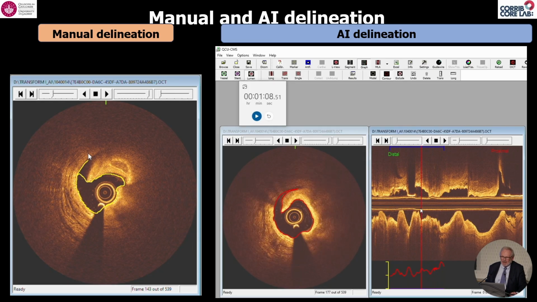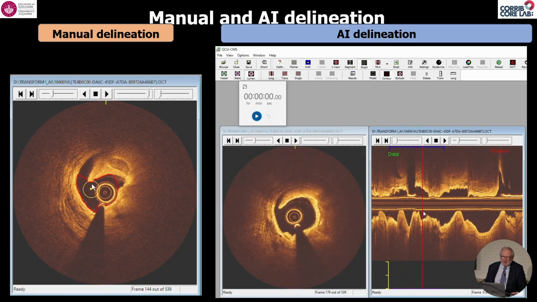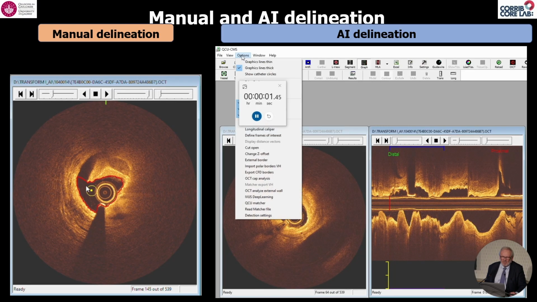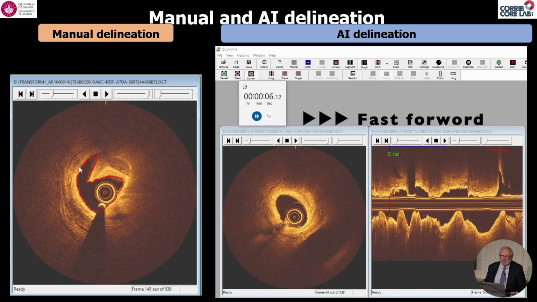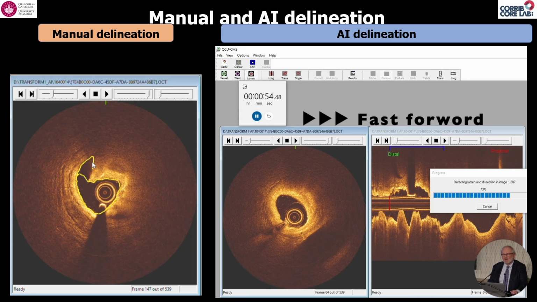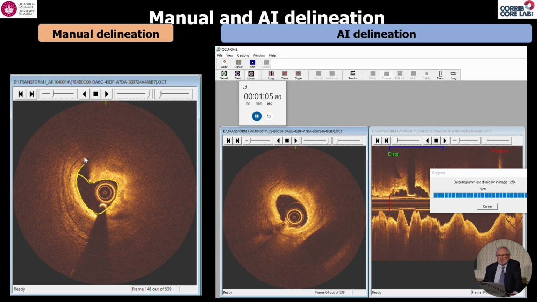This is crescent-like. Now, on the right-hand side, we have the AI that we have been working on, and you could see that within 1 minute, you could see the time running, the AI will be almost perfect.